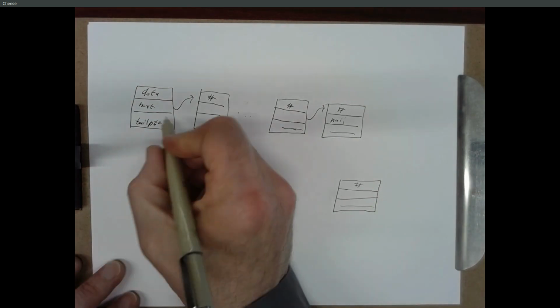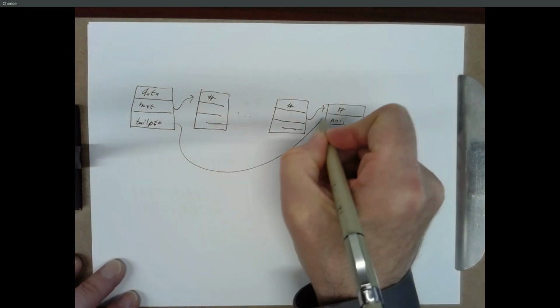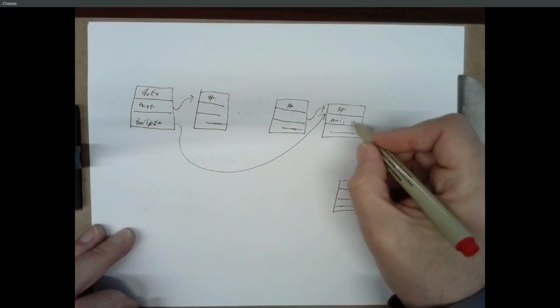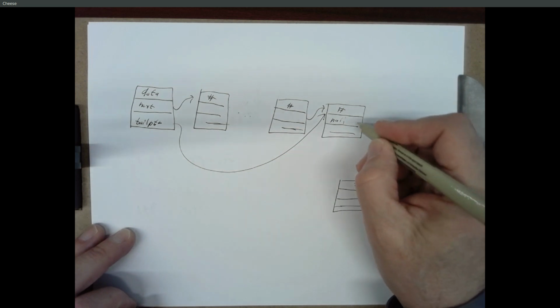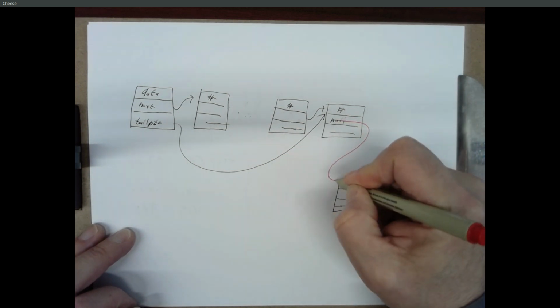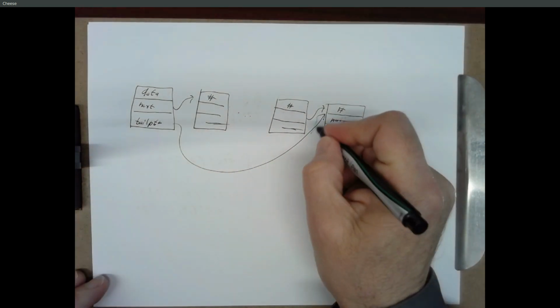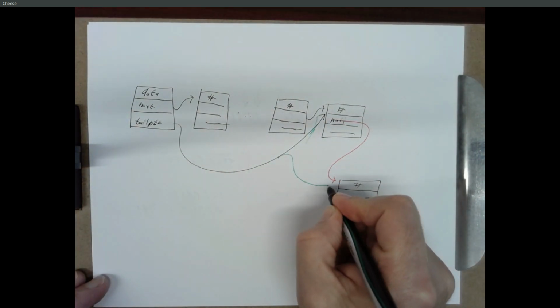If I have a tail pointer, my tail pointer is always pointing to the last node of the list. So when I want to insert a new node, I do the following. I follow the tail pointer, which gets me right to this node, and I change this to point to my new node. And then I change tail pointer to point to my new node.